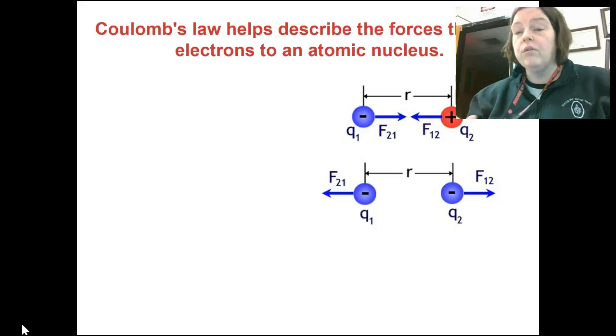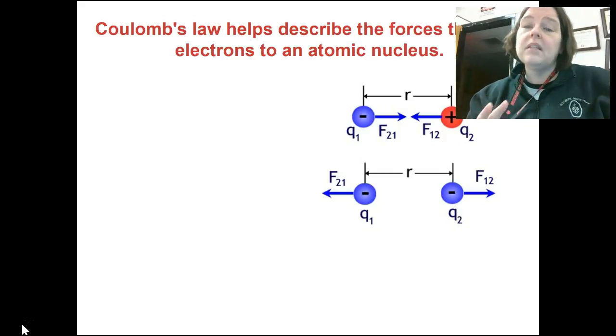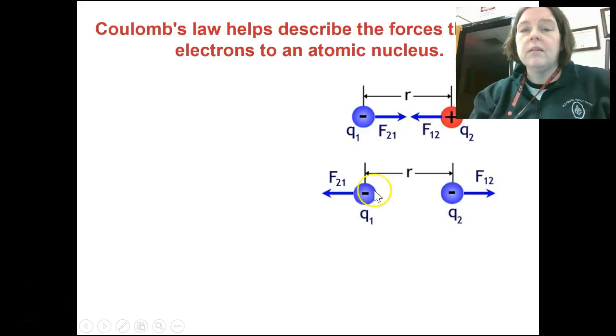The force of two particles that are repelling from one another, whether they're positive and positive or negative and negative, it's the same idea. And you can see we have force, and we have Q, and we have R. So you can see the force of this is going from 2 to 1 and going from 1 to 2. We can see that they're labeled.